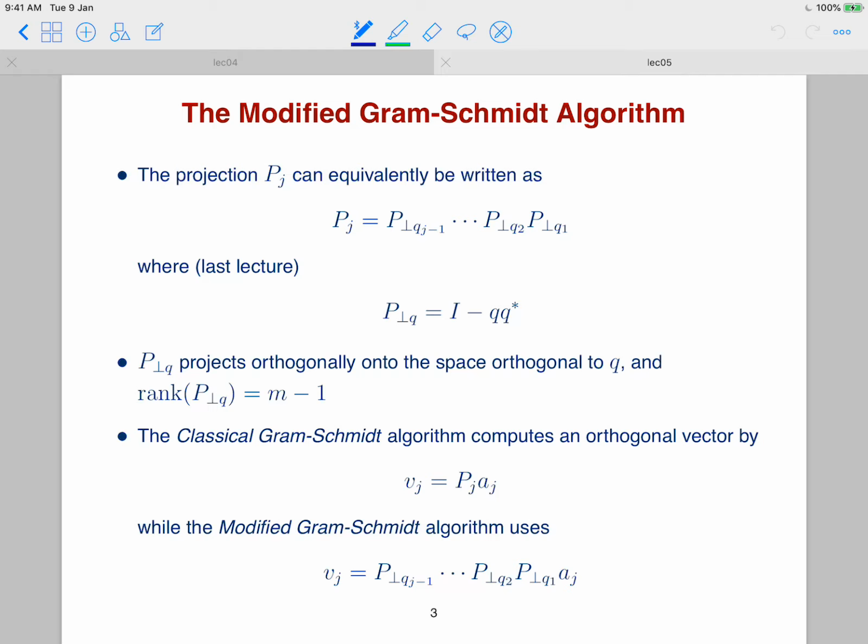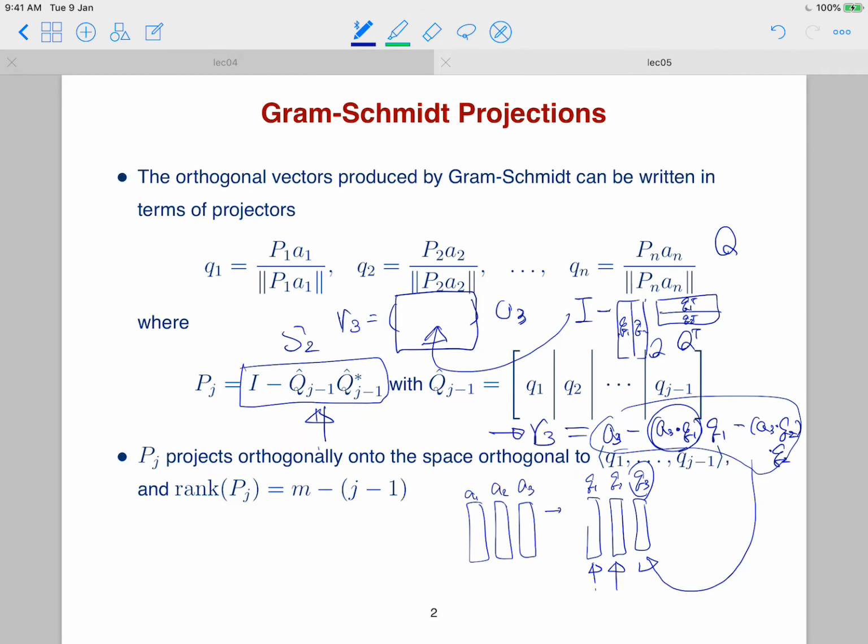So let's just have an intuition about this complementary projector.